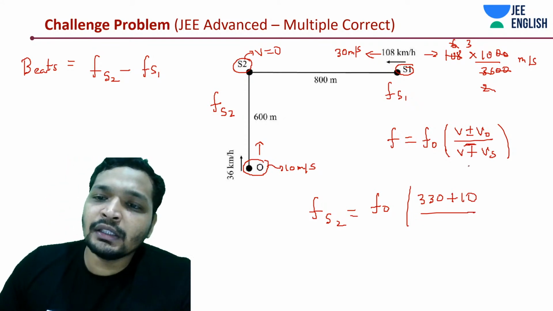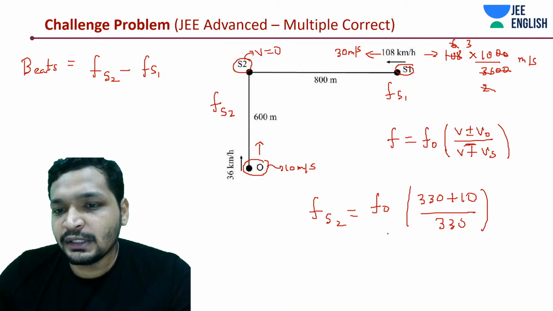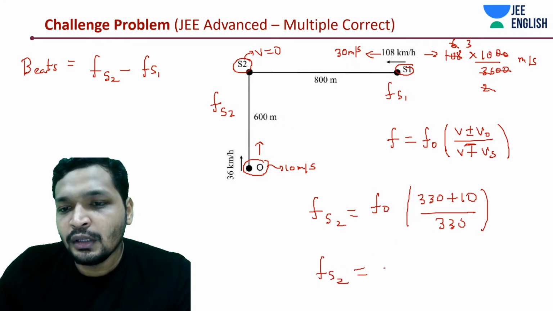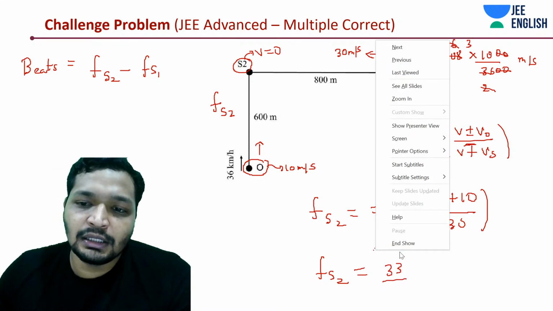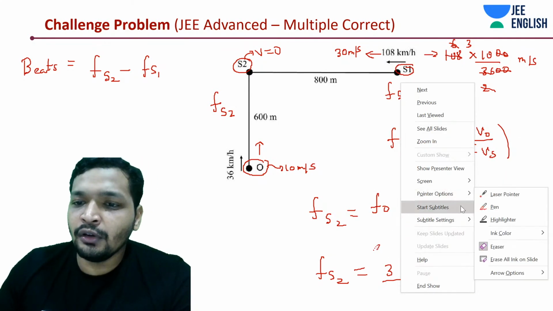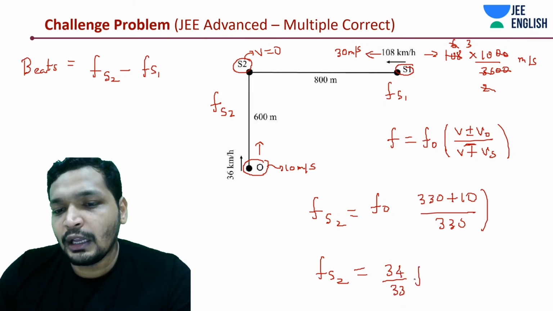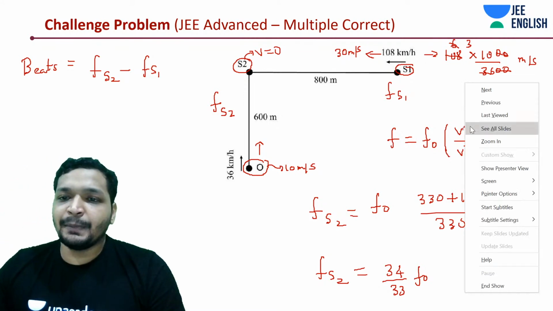Now the frequency does not change. That is basically 340. So FS2 is 34 by 33 F0. Yeah, speed of sound, guys.